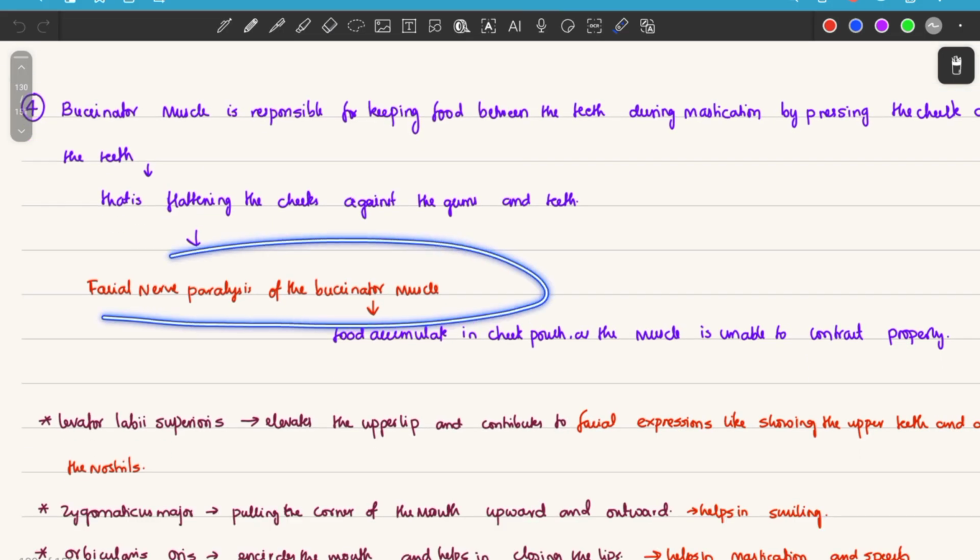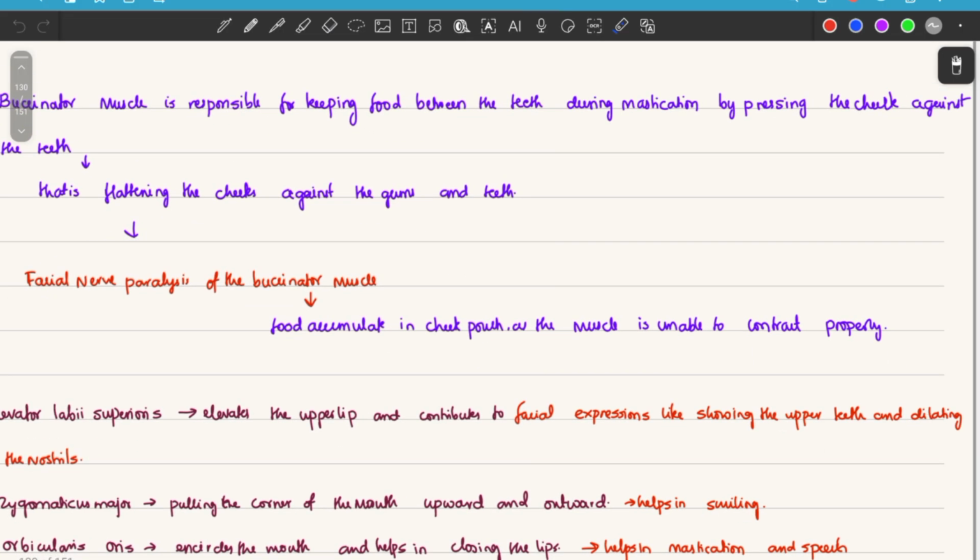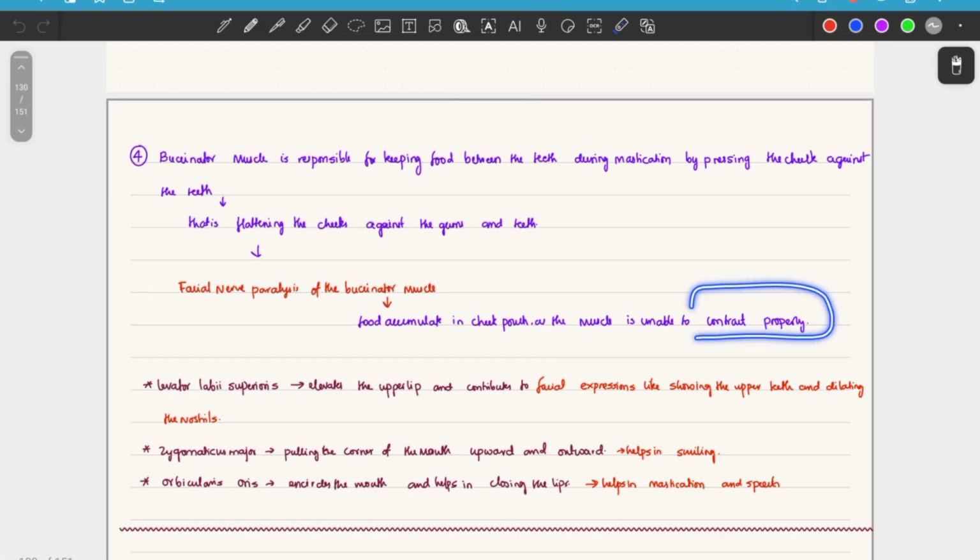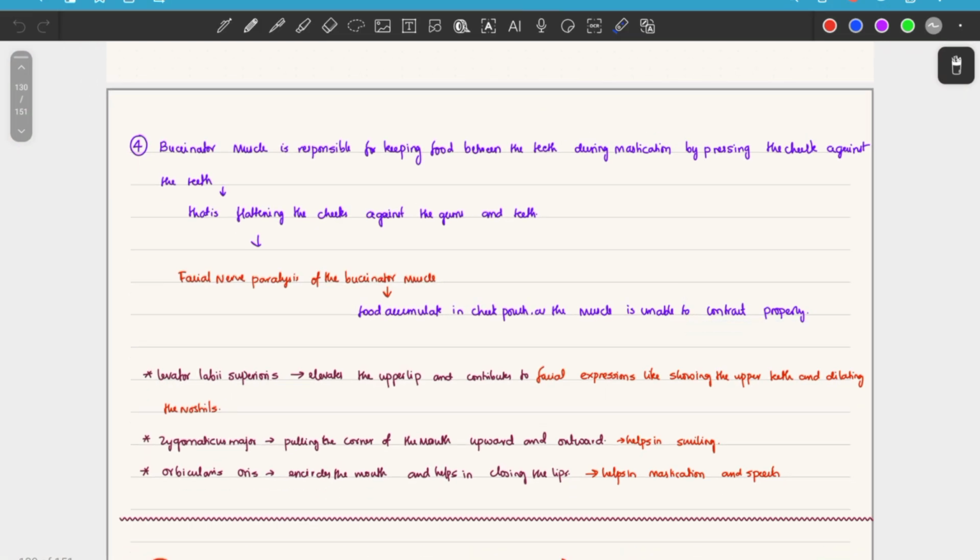Palsy of the buccinator muscle will cause food to accumulate in the cheek pouch as the muscle is unable to contract properly. If it contracts nicely, then food will not get stuck between the cheek and teeth. But if it is paralyzed, then the food will get accumulated because it is unable to contract properly.